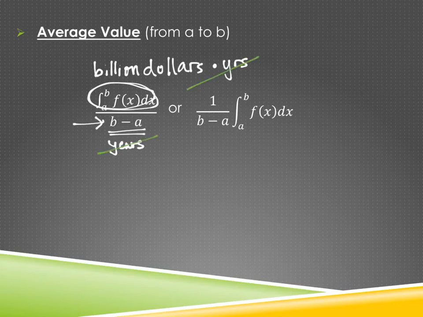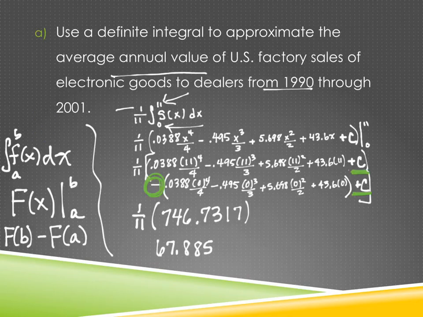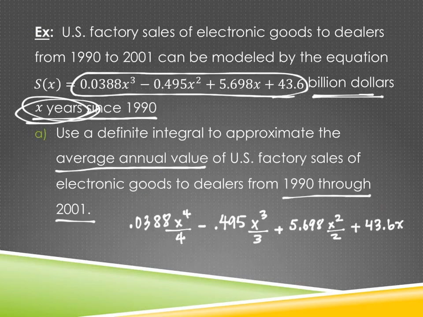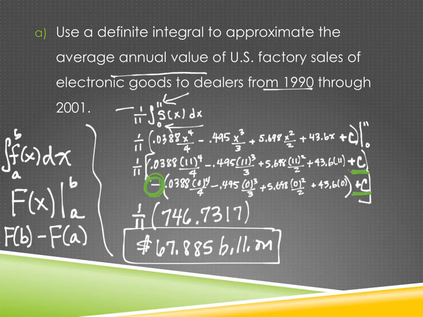Years cancels. So our problem's units at the end are in billion dollars. So the average electronic sales over this time frame per year, their yearly sales, annual sales is $67.885 billion. Average annual sales.